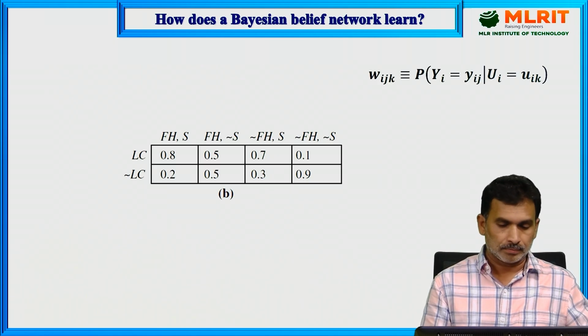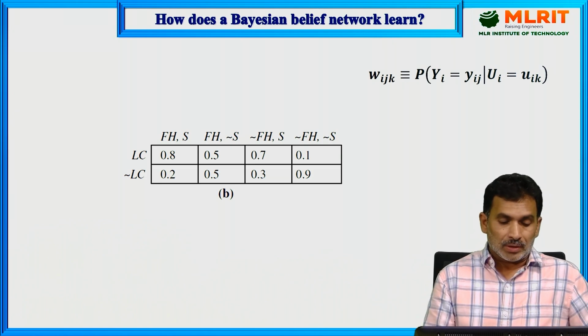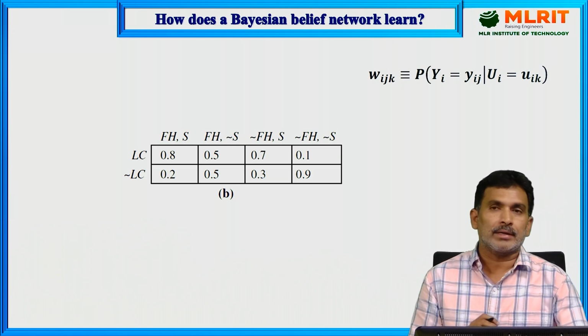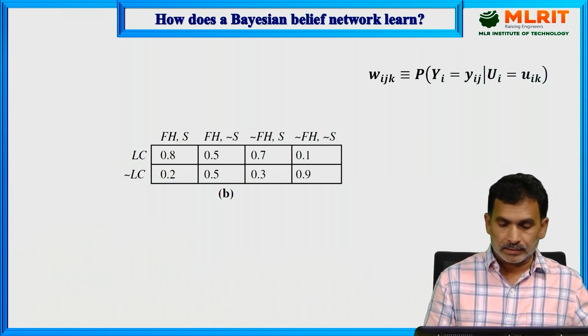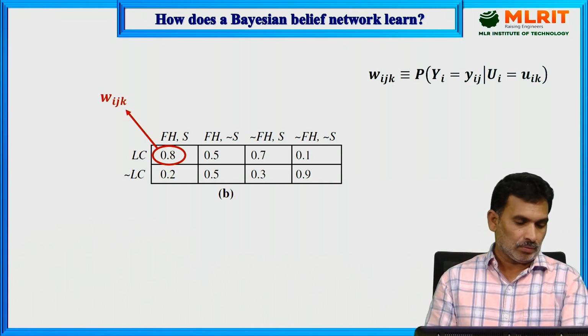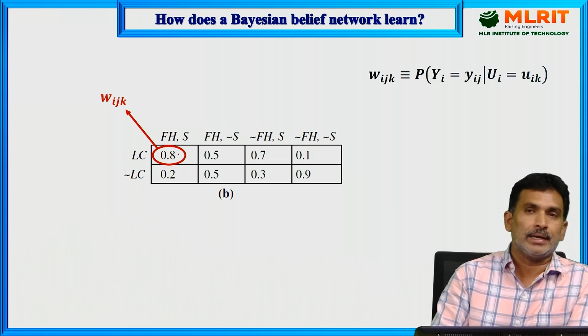We'll see an example now. Let us consider the conditional probability table for the variable lung cancer from that example. If you take the value wij here, that represents 0.8.